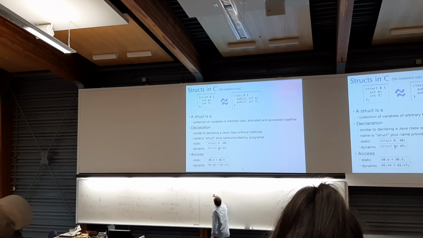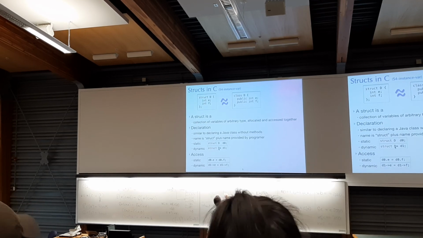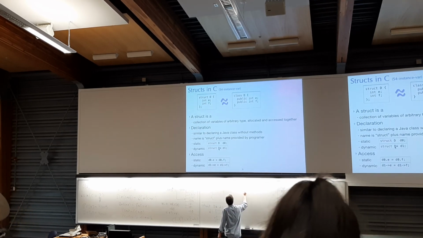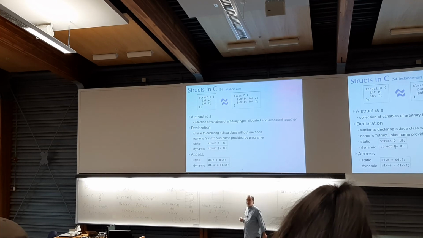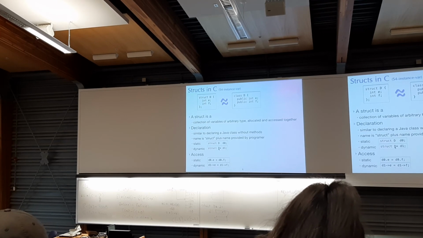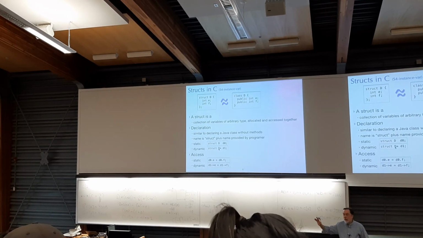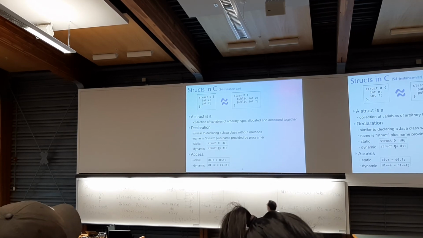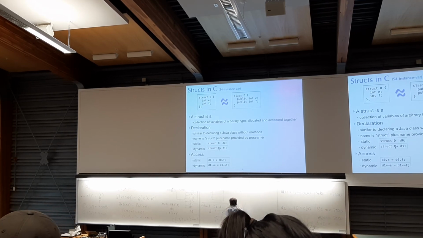So if you have a static struct, you use a dot, just like in Java. But if you have a dynamic one, which is what you have in Java, you use an arrow.